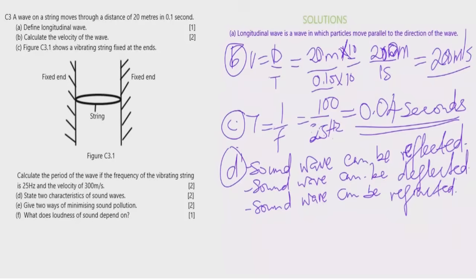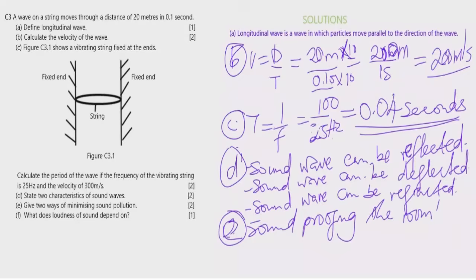Let me write first E. So the first thing you can do is 1, soundproofing the looms. It can be loom or looms, wherever the sound is made. Okay, that's the first point.